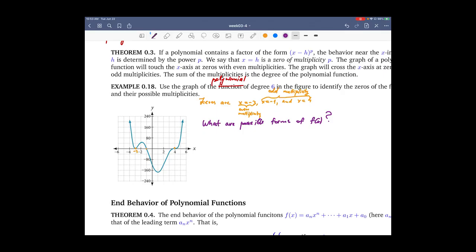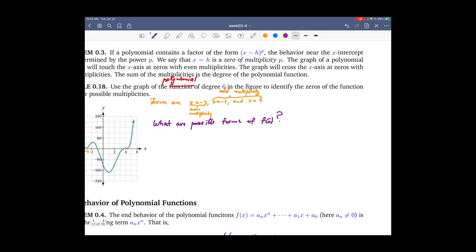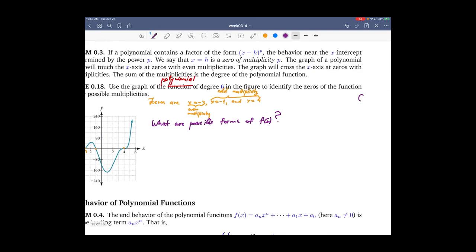Because the function is of degree 6, the multiplicities of these 3 roots must add up to 6. So what are the ways to write 6 as a sum of 3 numbers, of which one is even and the other 2 are odd?